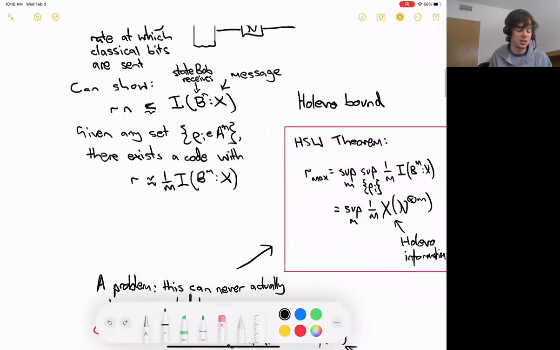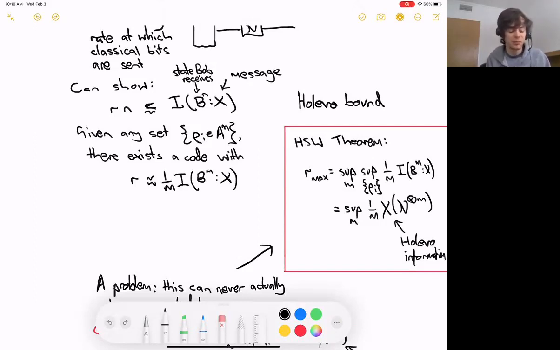It's just, first you want to optimize over your choices of rho I's to use, in order to make this mutual information as big as possible. And then the second thing you want to optimize over is the number of channel uses that you use in your definition of each state rho I. Okay, so you just take the supremum over m of 1 over m times this thing.